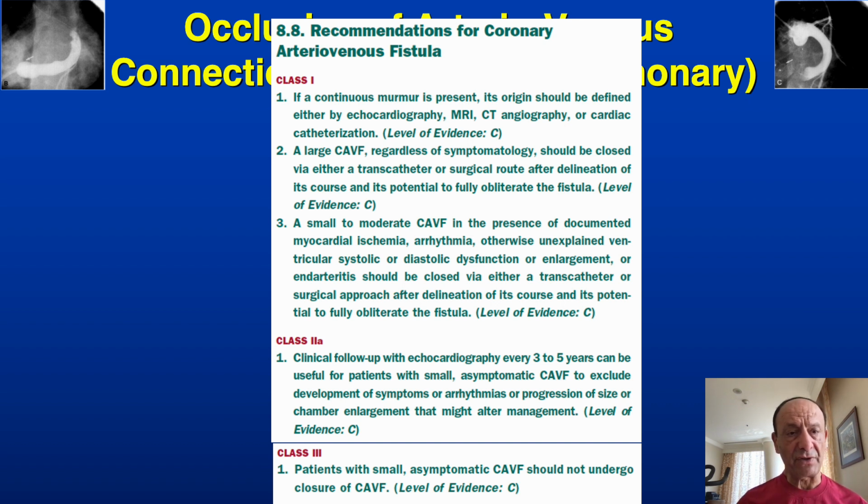If you have a large fistula, regardless of symptomatology, it should be closed via either transcatheter or surgical route. Also, if you have a small to moderate fistula in the presence of documented myocardial ischemia, arrhythmia, otherwise unexplained ventricular systolic or diastolic dysfunction or enlargement, or endarteritis, these should be closed via either a transcatheter or surgical approach.